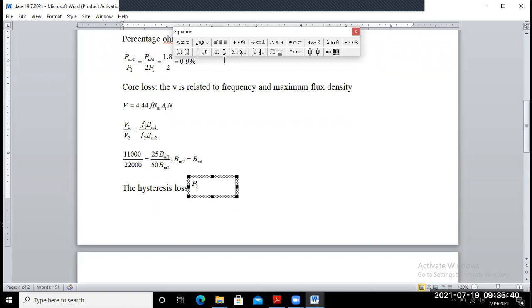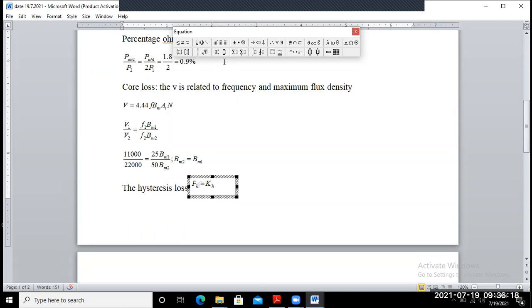Have you remembered the relation of hysteresis losses in terms of frequency and maximum flux density? If you have, then just write that relation: Ph = Kh frequency into B maximum to the power x.